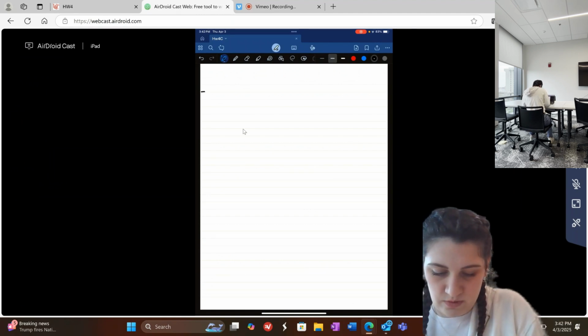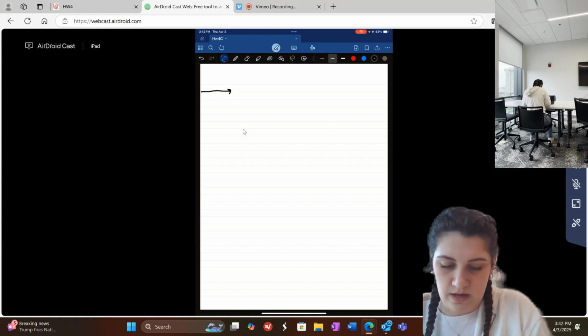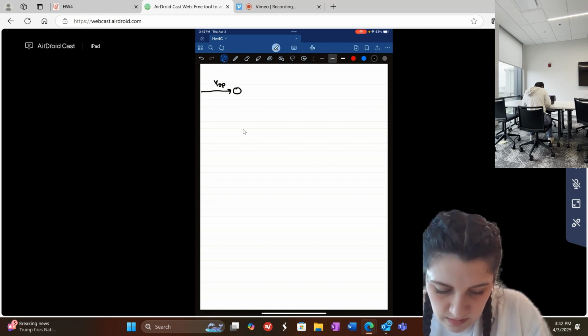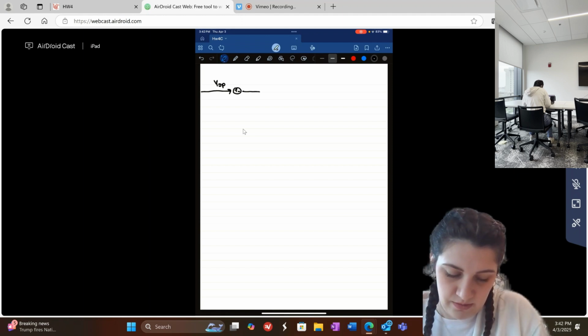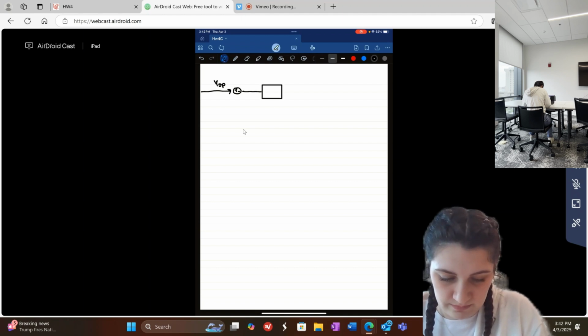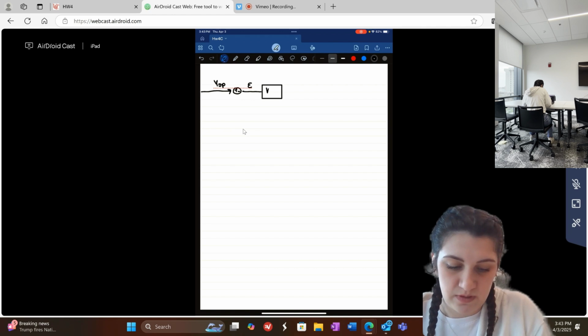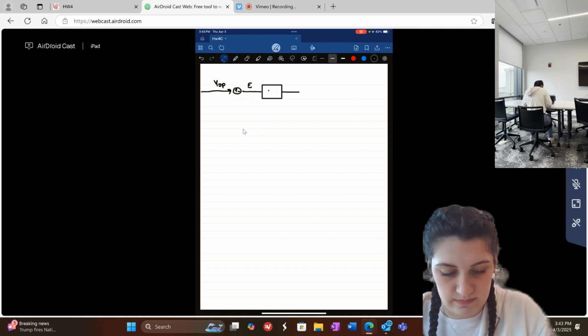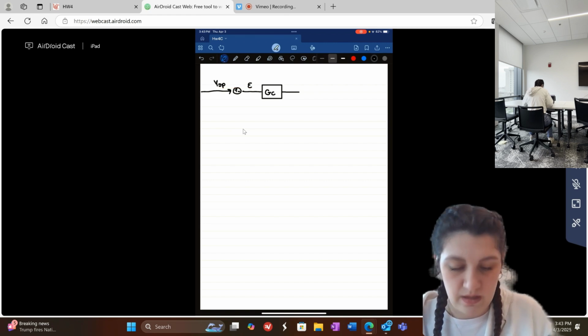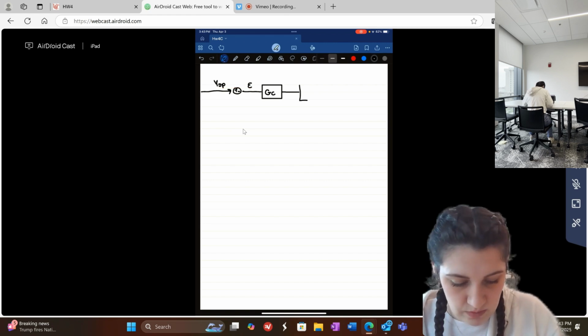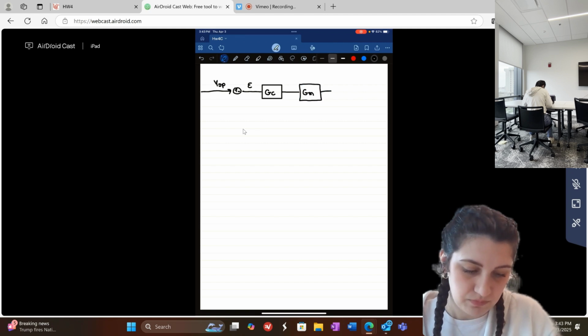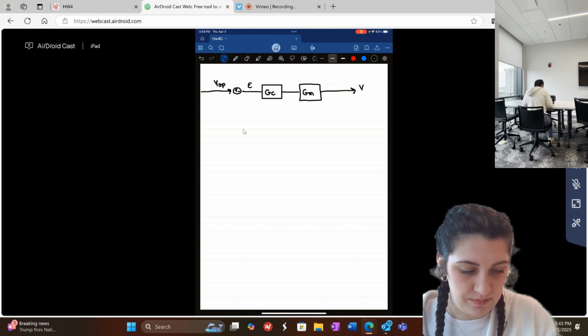So this would start with some set point going in, and from there it would be put into the controller, some amount of error, this is KC, and then GC, and then it would go to the actual process, GP, and we would see output.